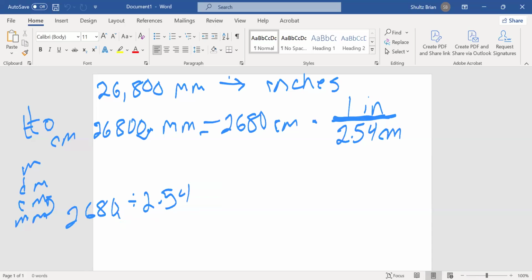And we'll do that real quick, even though you won't be able to see it. 2,680 divided by 2.54 equals 1,055.118. So I'm going to round it to 1,055.12 inches.